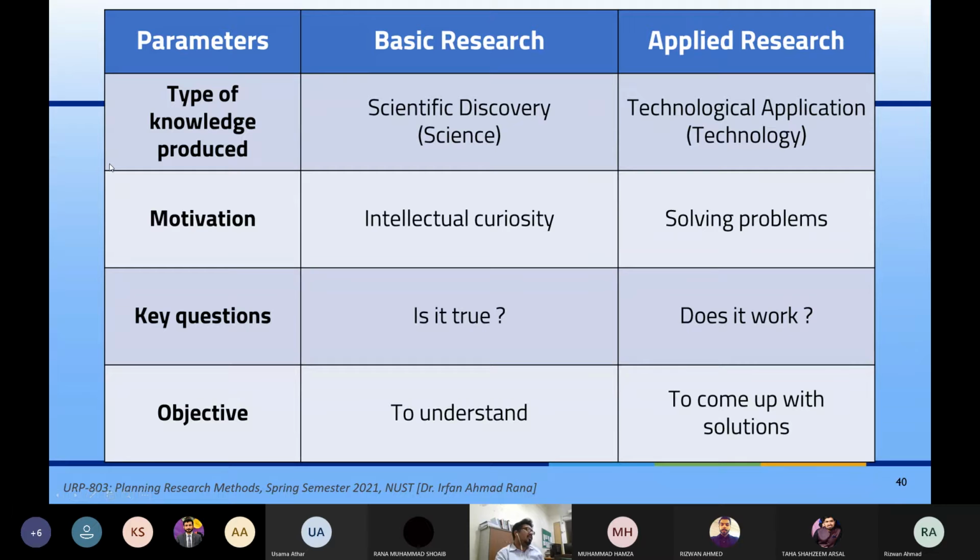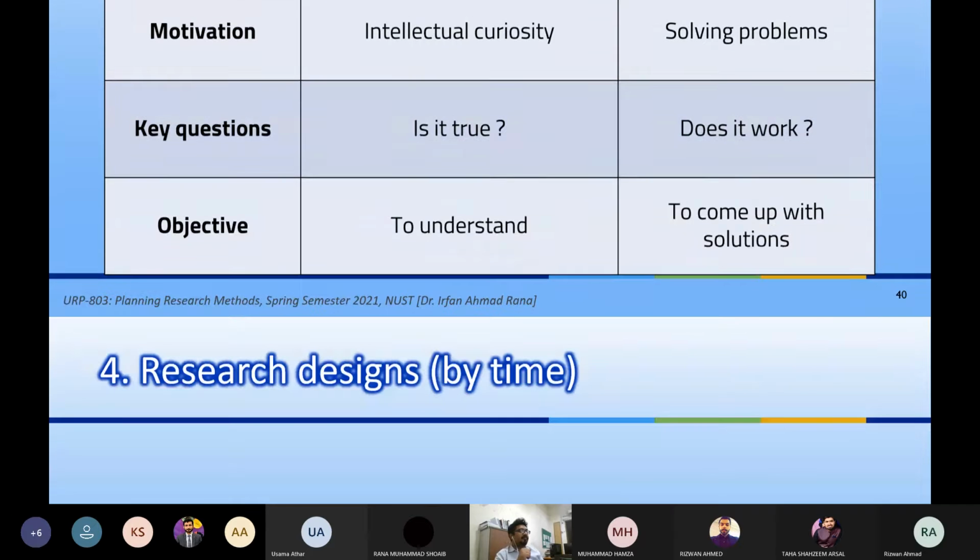Again, some characteristics of these types of research: basic is scientific discovery, and applied is basically using that kind of research on the ground. Motivation is curiosity and solving problems, and asking does it work, to understand or to come up with solutions.